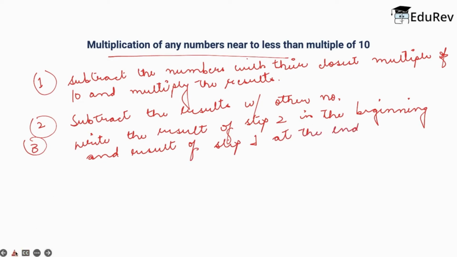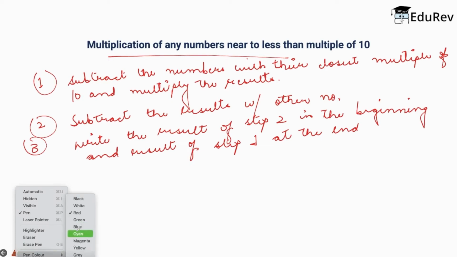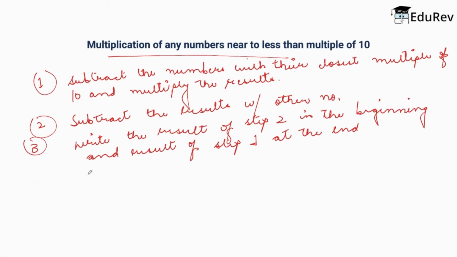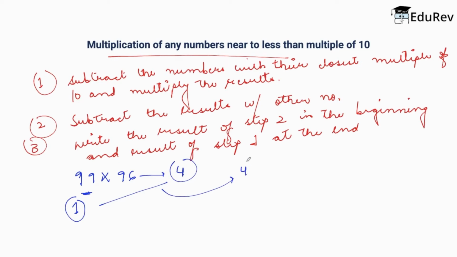So let's take an example to understand this right away. The example is that I have to multiply 99 with 96. When I subtract 99 from 100, it will be what? 1. Similarly, when I subtract 96 from 100, it will be what? 4. Now multiplying 1 and 4 will give me 4.